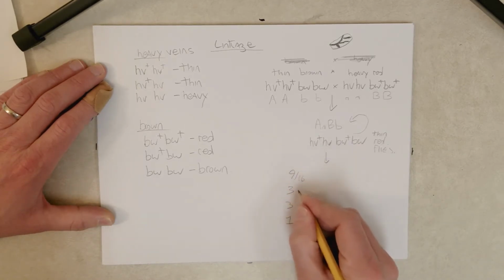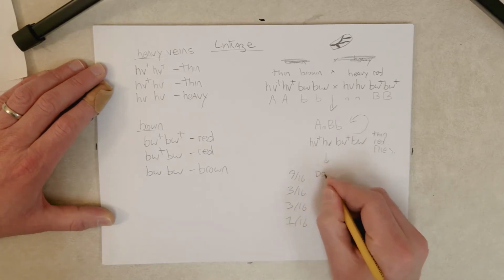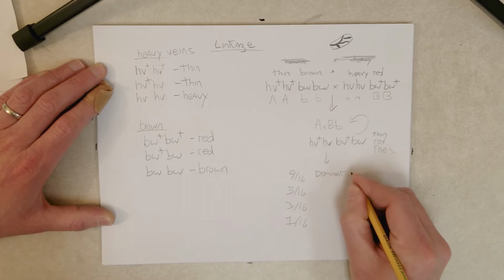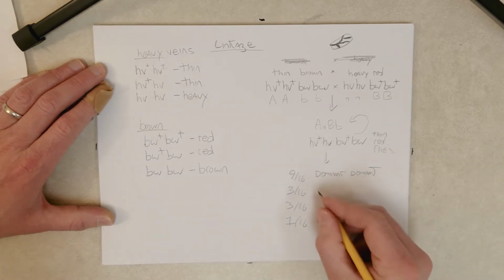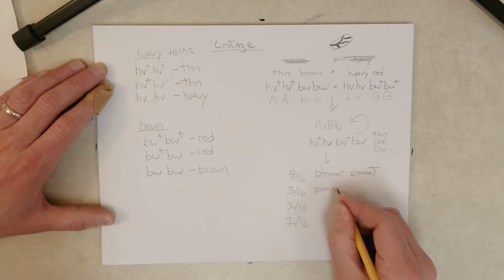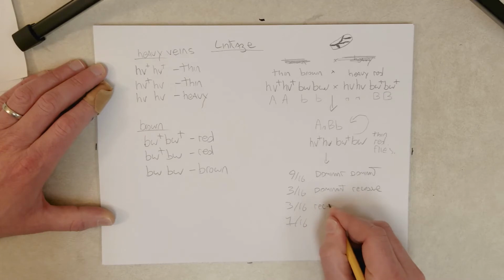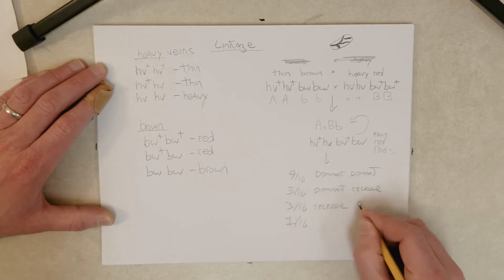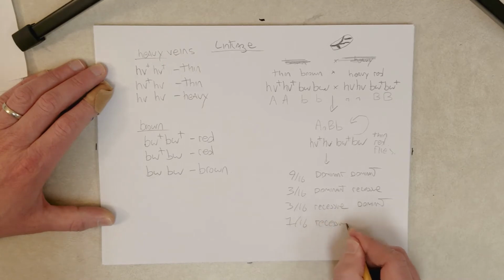So 9 out of 16, 3 out of 16, 3 out of 16, 1 out of 16, where these guys are both dominant for both traits, and this is dominant for one trait, and these guys are dominant for the other trait.